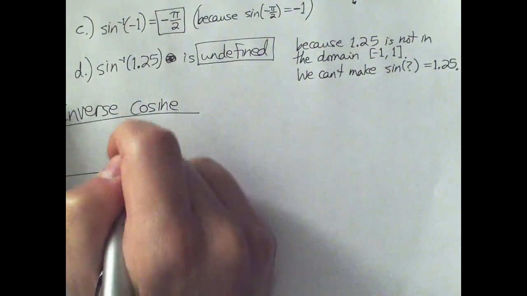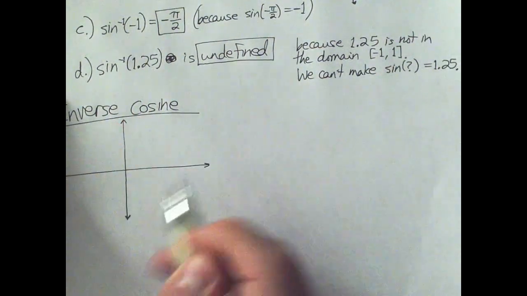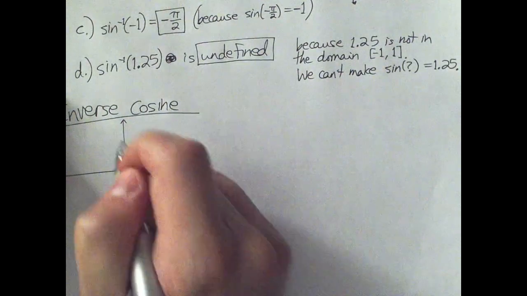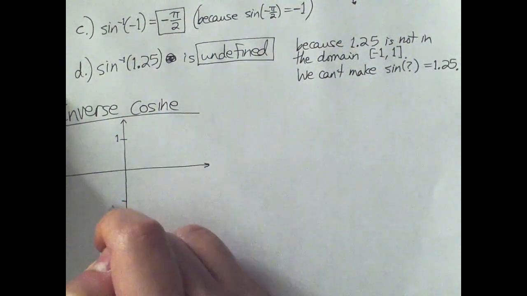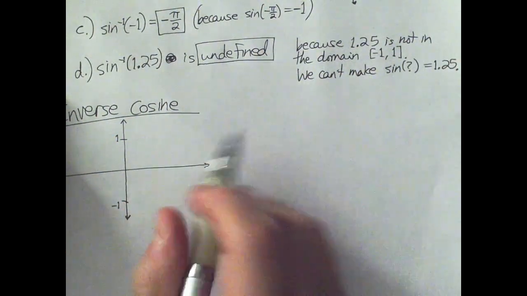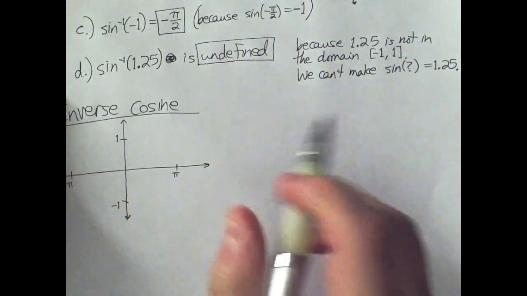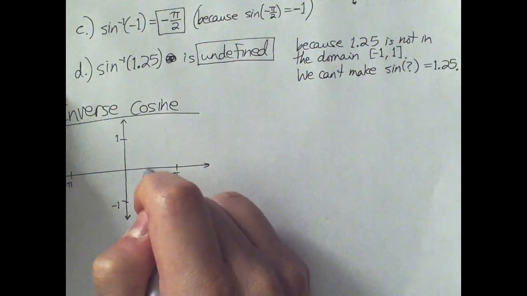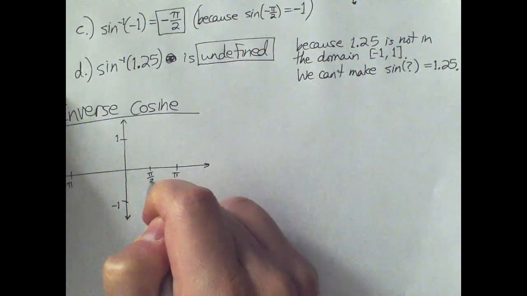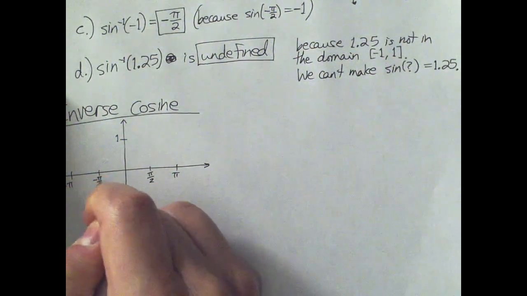I'm going to start by drawing a quick sketch of the graph of cosine. I know the max height is 1 and the minimum height is -1. We could go out to at least pi and -pi. All right, let's mark pi over 2 and -pi over 2.